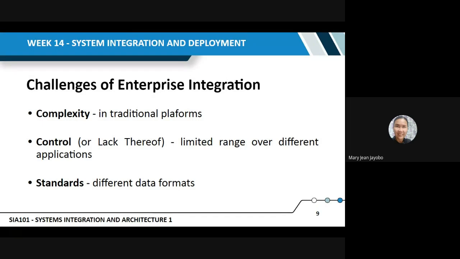Okay? So yun yung challenges, yung standardization ng mga applications, kasi minsan yung compatibility ng mga applications na ginagamit ng business at yung i-integrate mong software. So baka mamaya they already have the communication or messaging or application that they are using.